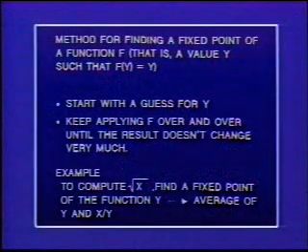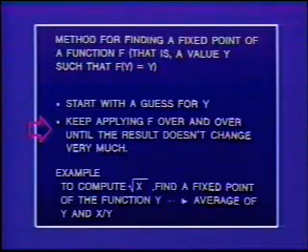And the way I might do that is start with a guess, and then if I want something that doesn't change when I keep applying f, I'll keep applying f over and over until that result doesn't change very much. Right, so there's a general strategy.